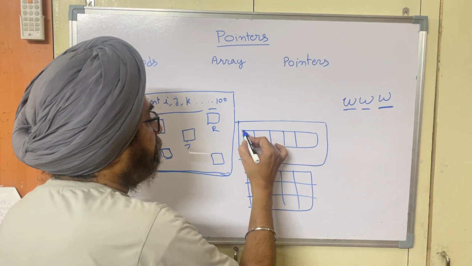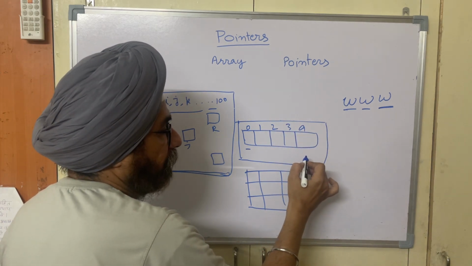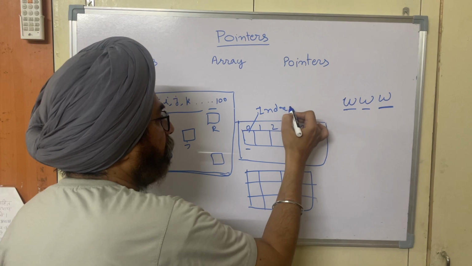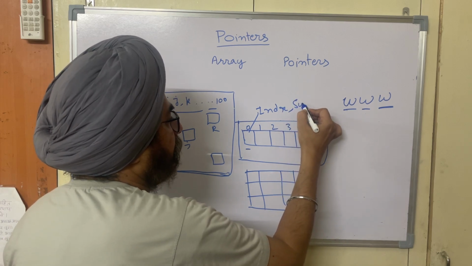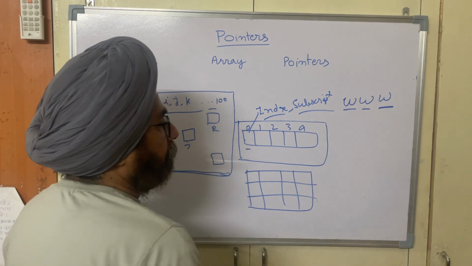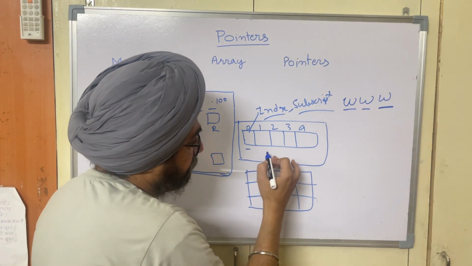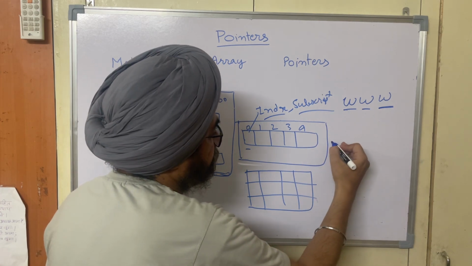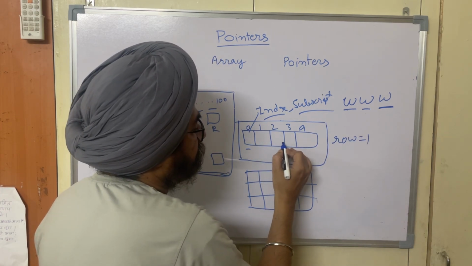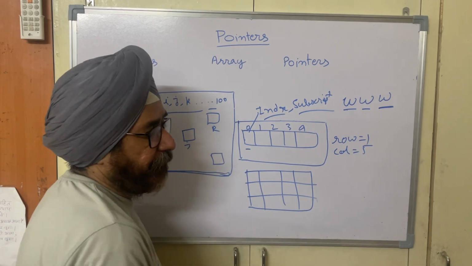In such a way we can use it. Its boxes start from 0, 1, 2, 3, 4, and so on. The start index is the index value, or we can call it the subscript value. Logically, here we have one row and columns 1, 2, 3, 4, 5. Columns are 5.